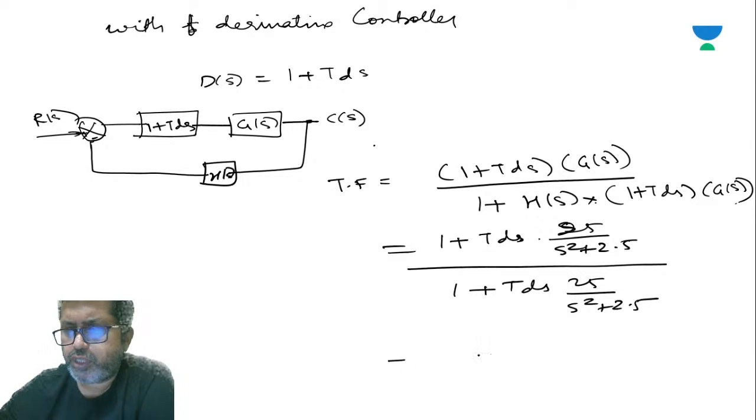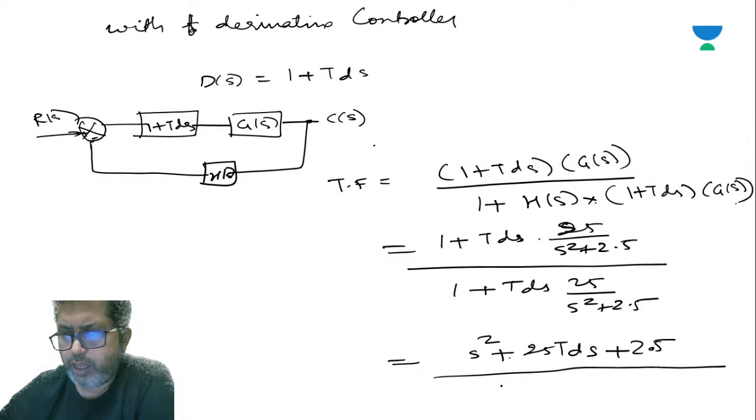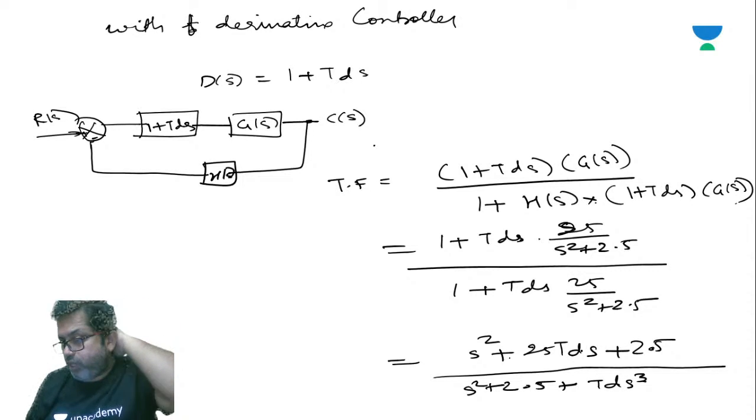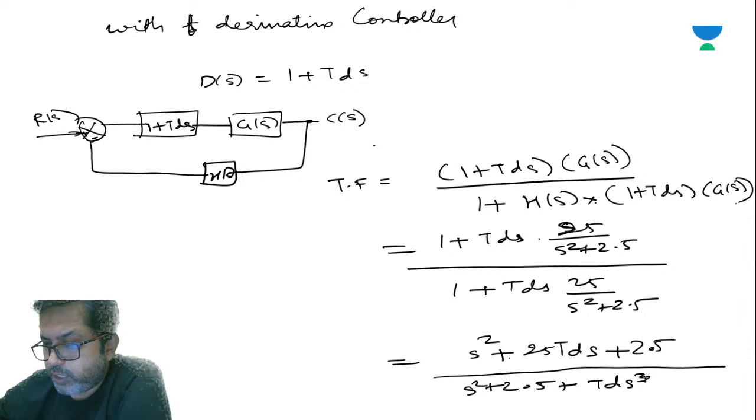So this is equal to s square plus 25 TDS plus 2.5 divided by s square plus 2.5 plus TDS plus 25 TDS.